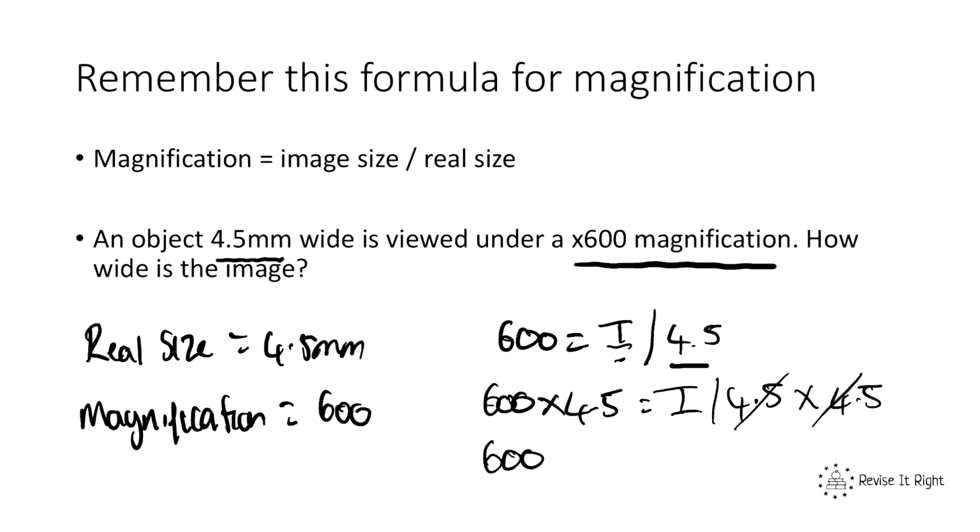So 600 times 4.5 equals I. If we do 600 times 4.5 on our calculator, we get 2,700. Now, the object is given in millimeters, so the answer will also be in millimeters. So we should have got 2,700 millimeters.